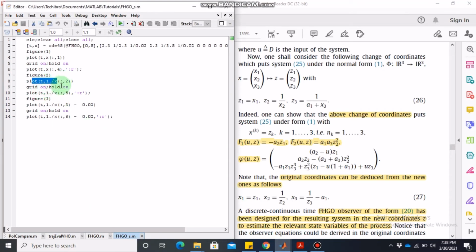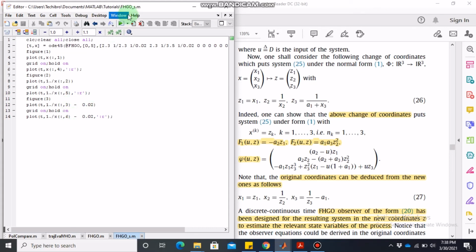The estimate of x2 will be 1 over x5, which is all rows and the fifth column of the x that you get from the ODE45 function. Similarly, 3 and 6 will be x3 and the estimate of x3.